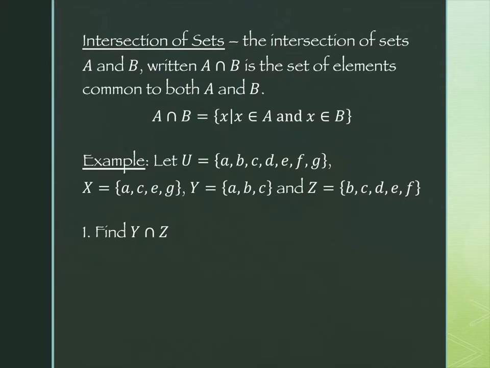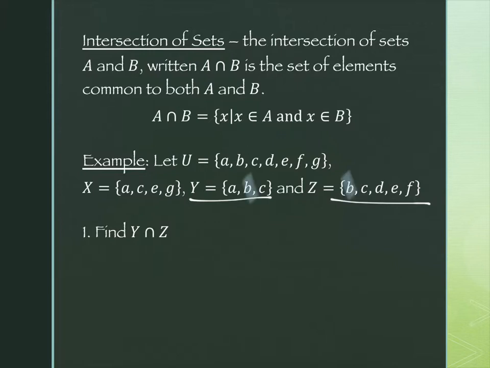So we're given on this particular problem 3 different sets, where we're given a universal set U, which is A, B, C, D, E, F, and G. And then we're given sets X, Y, and Z. And when we're asked to find the intersection, it means we're looking at these 2 sets, Y and Z specifically, and we're asking what they have in common. So what elements do they have in common?